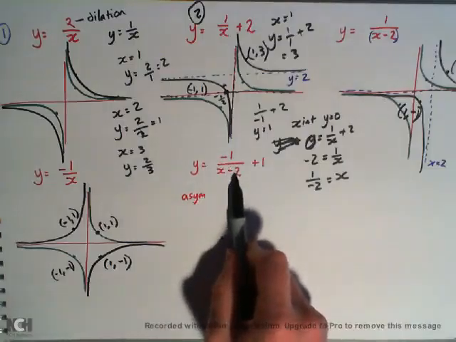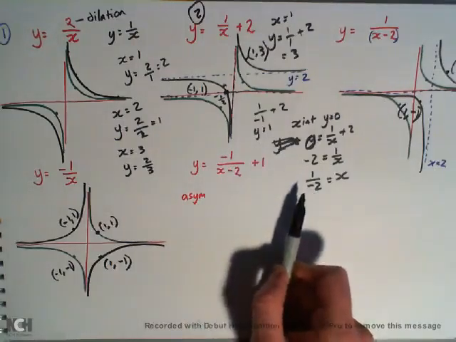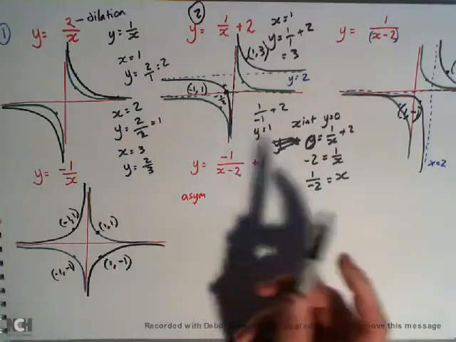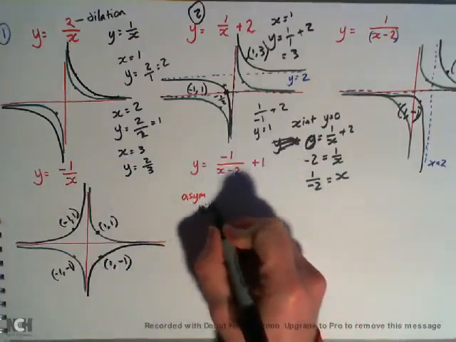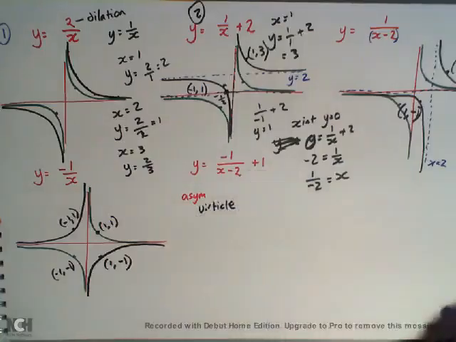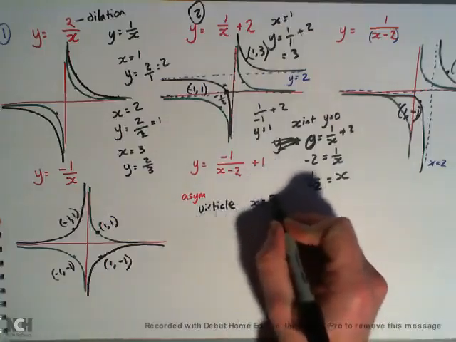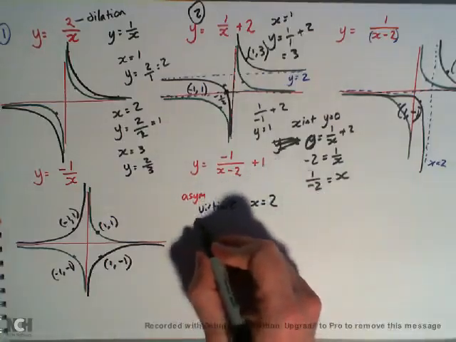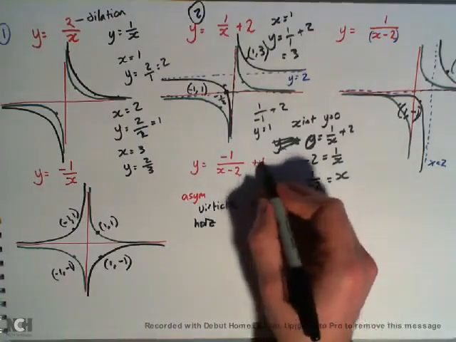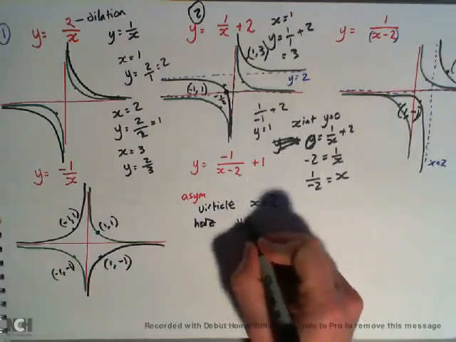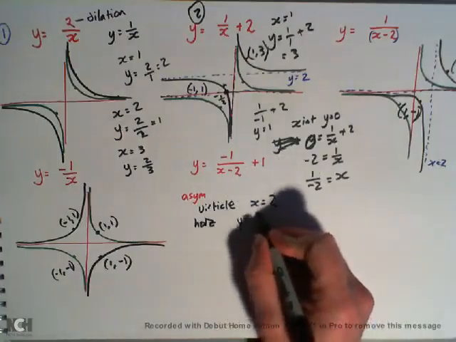Well, it's been moved across twice to the right. So my vertical asymptote is at x equals 2, and my horizontal is going to be, well, it's been moved up 1, so it's y equals +1.